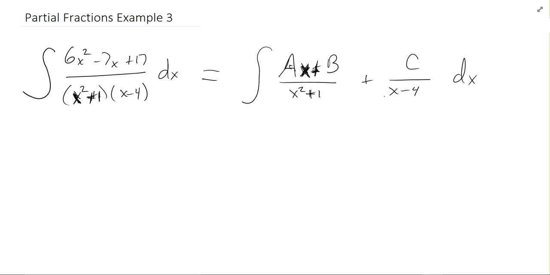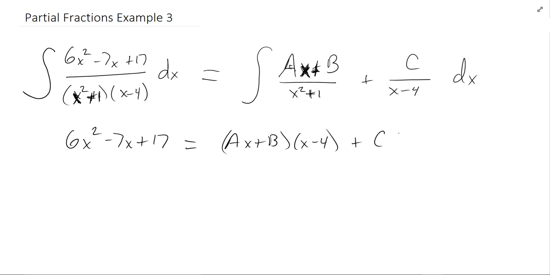And like before, we're going to start by getting a common denominator. And to get that common denominator, I'm going to multiply the ax plus b times an x minus 4. And I'm going to multiply the c by an x squared plus 1 in order to make those denominators the same. All right?